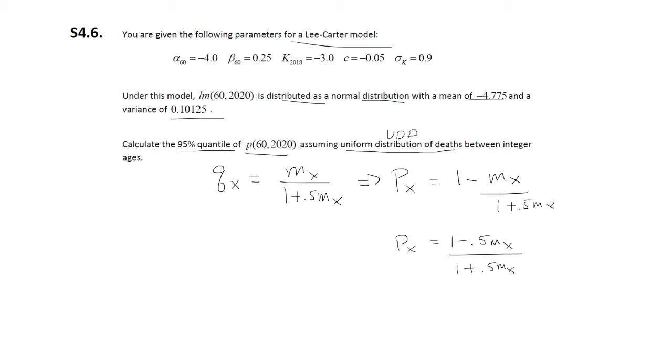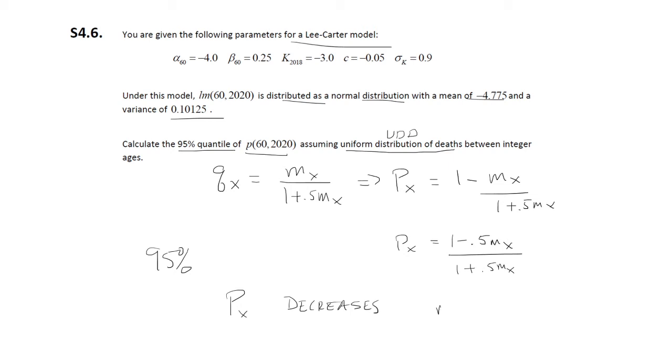First, we want to talk about percentiles. The first thing is the 95th percentile. That's what we want to find. But notice that p of x is a decreasing function.